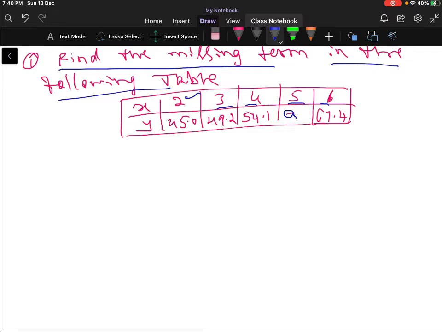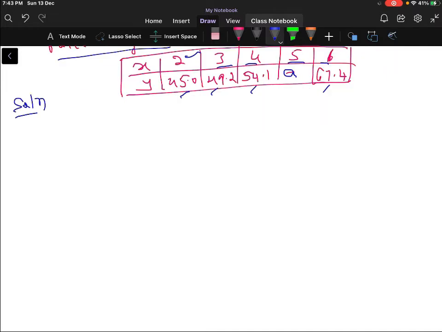Let us take this as a. We have to find the value of a. For x equal to 6, we have y is 67.4. Now let us move to the solution. Here we need to find out y at x equal to 5. So that missing term you have considered as a.